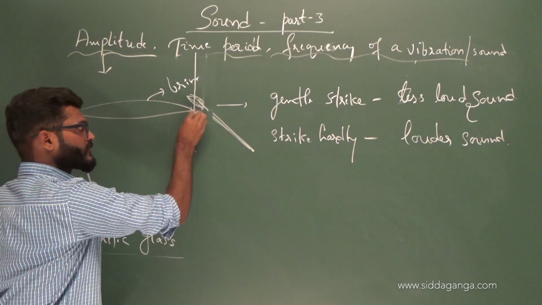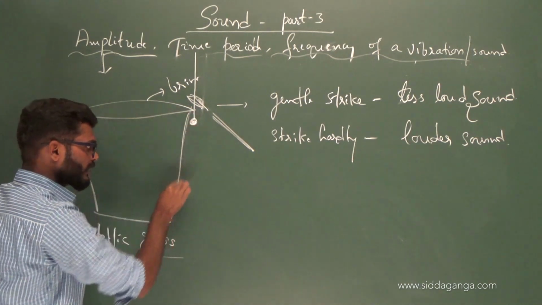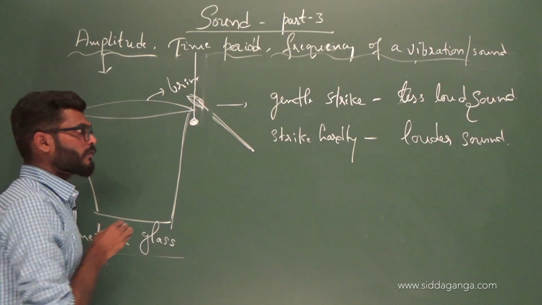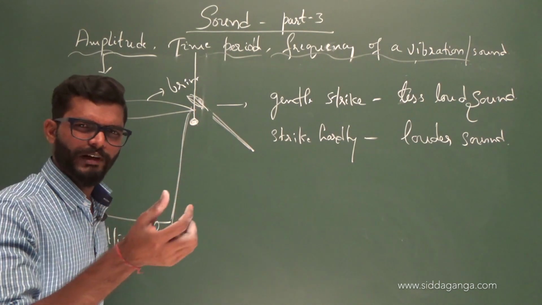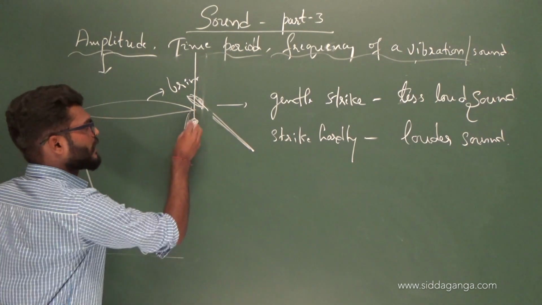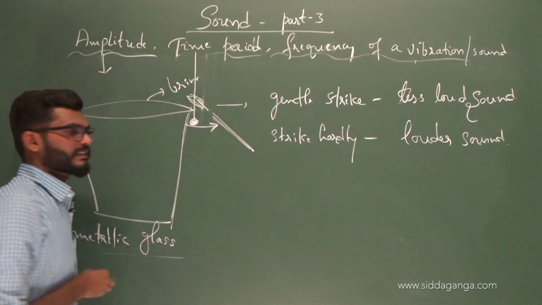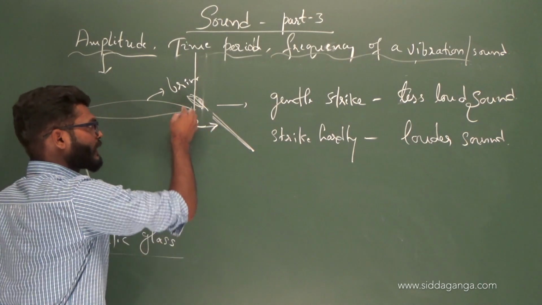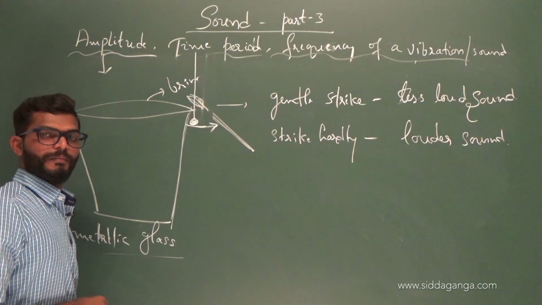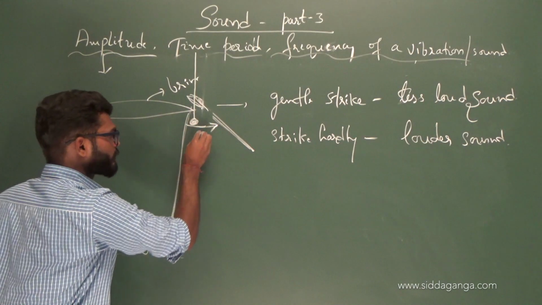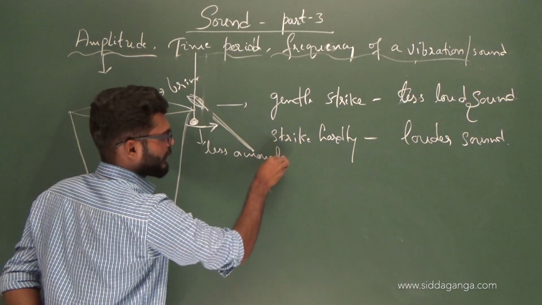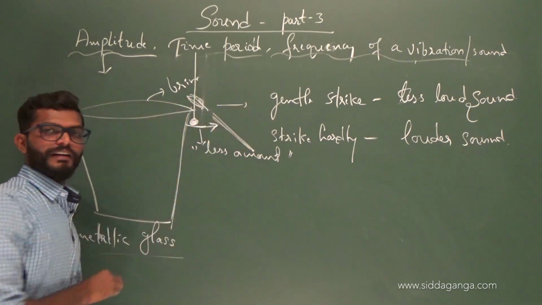So when you strike it gently, so when the metallic glass vibrates, the thermocol ball, which is of very less weight, which is of very less mass, gets displaced. It gets displaced when you strike the metallic glass. It gets displaced by less amount, ಅಂದರೆ ಸ್ವಲ್ಪ ಮೂವ್ ಆಗುತ್ತೆ ಮುಂದಕ್ಕೆ, by less amount when you strike it gently.